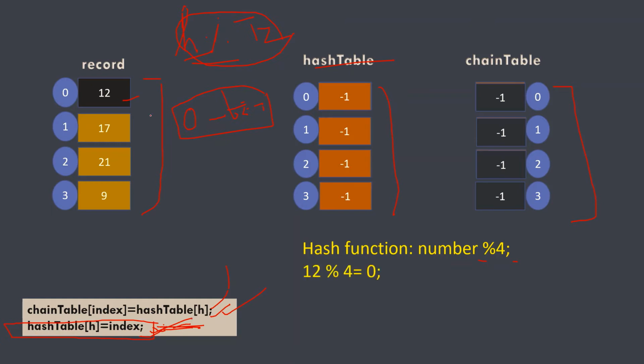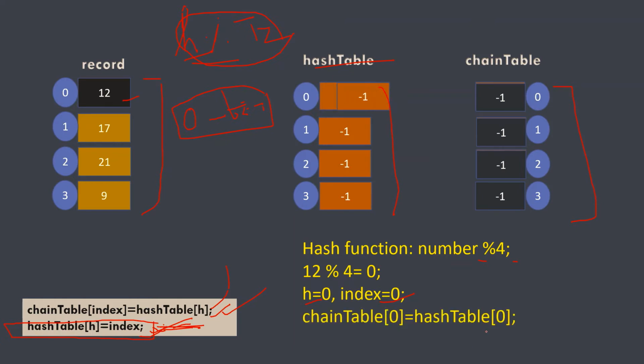We are processing 12, so 12 modulo 4 is 0. So our hash value is 0, and the index of our entry is 0. Now this line of code is doing something, but let's leave it for now. We will discuss it when the collision happens, because right now we have only one entry, so there is no case for collision.